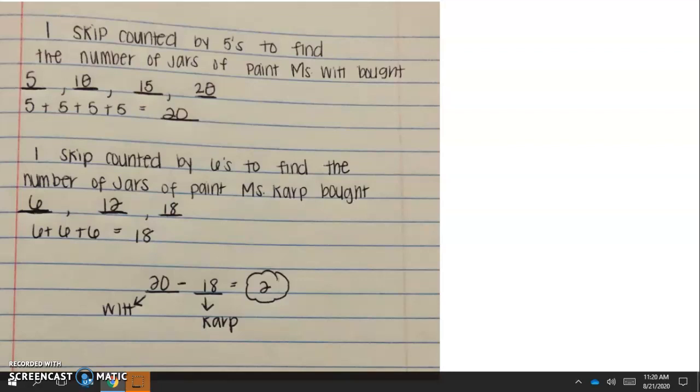Next, they skip counted by 6s to find the number of jars of paint Miss Karp bought. They demonstrated how they skip counted below, saying 6, 12, 18. Then wrote the equation 6 plus 6 plus 6 equals 18. They then wrote a subtraction equation saying 20 subtract 18 equals 2.